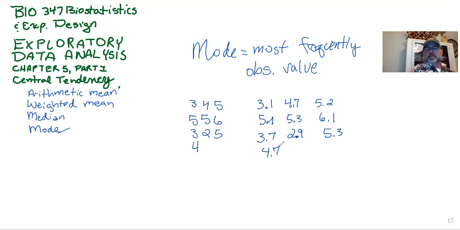Okay, so now you say, what's the mode in here? Now it's actually 4.7. Okay.